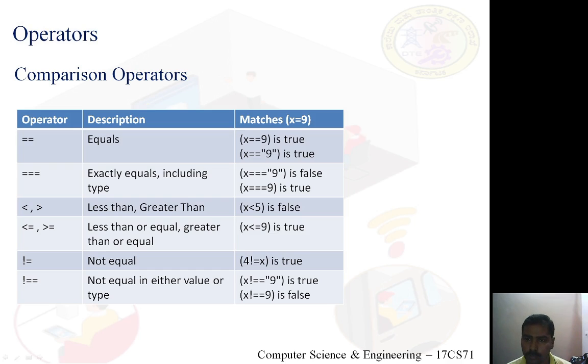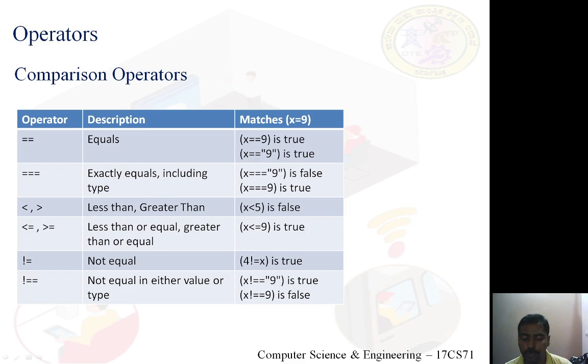Even if the data types differ, but the contents are the same, it returns true. For example, in the second case with double equal, x equals "9" within double quotes. The "9" within double quotes is a string, whereas x contains the number 9. But the contents are the same, so it returns true, whatever the data type may be. Clear?